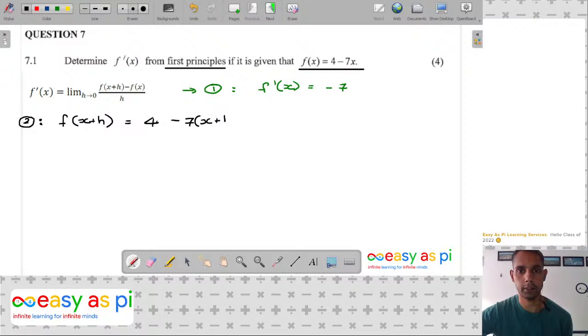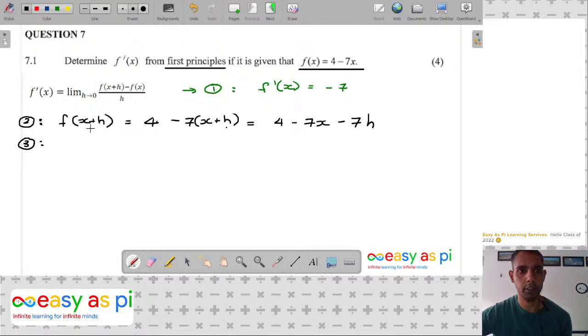Of course, I'm then going to distribute, so I get 4 minus 7x minus 7h. That's step number 2.